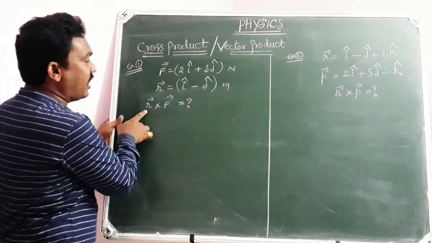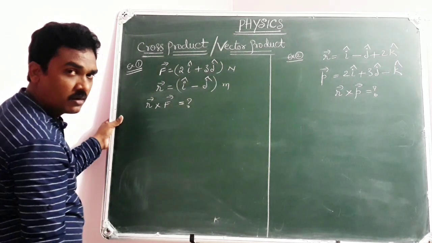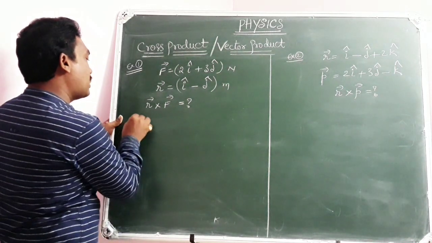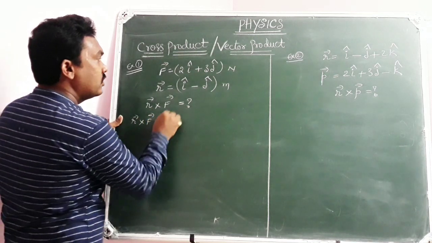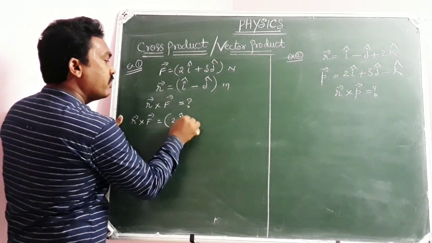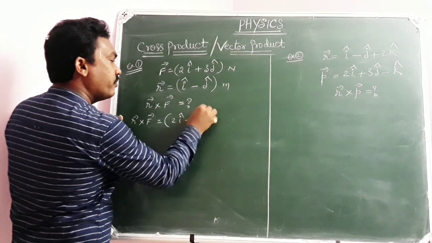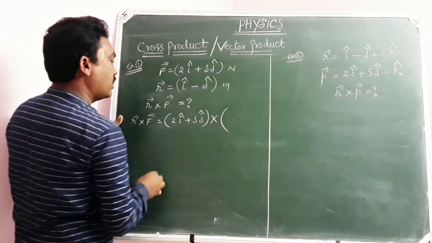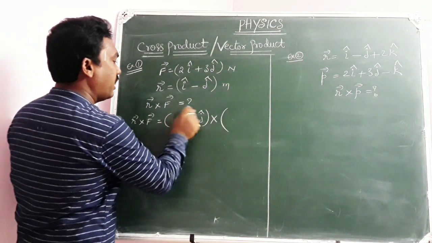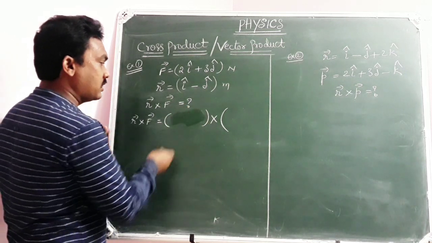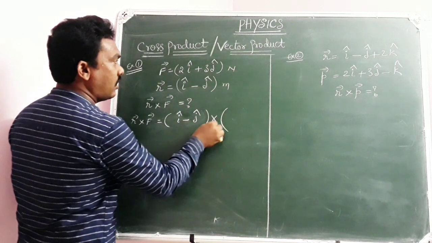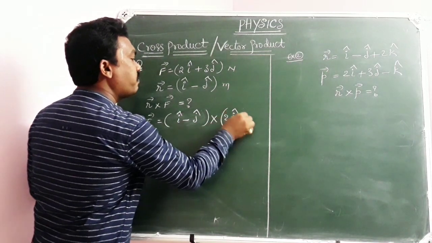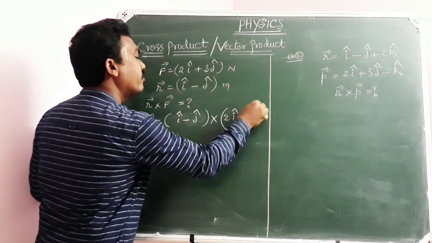Then I ask you to calculate R bar cross F bar. So it is I cap minus J cap cross 2 I cap plus 3 J cap.